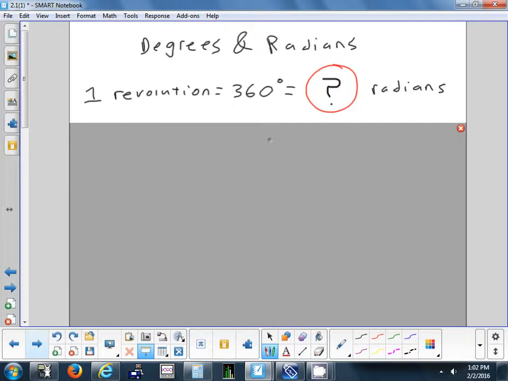If we can figure that out, then we can convert between degrees and radians. All we need is a connection between going all the way around the circle in degrees and going all the way around in radians. It's kind of like the connection, if I asked you to convert between feet and inches. All you need is a fact to start with, and then you can figure out other things.